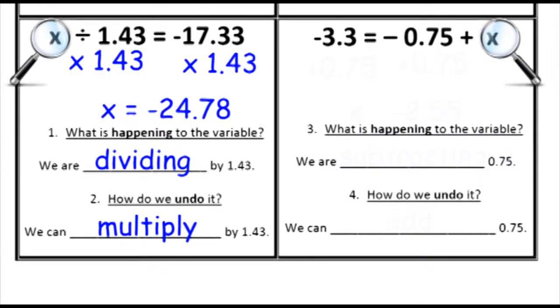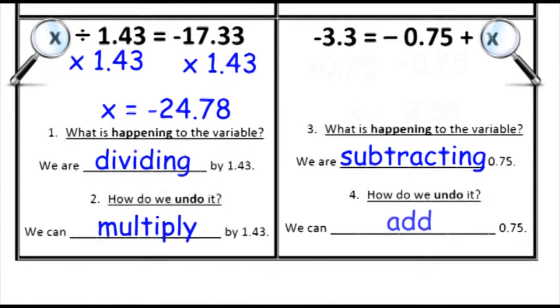We look at this problem again. Negative 3.3 equals negative 0.75 plus x. What is happening to my variable? A lot of people will say, oh, I'm adding 0.75. But because I can rewrite this as x minus 0.75, that negative out front being added to a variable is the same as subtraction.